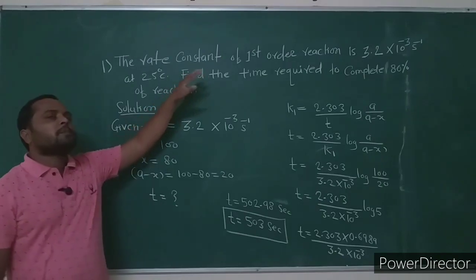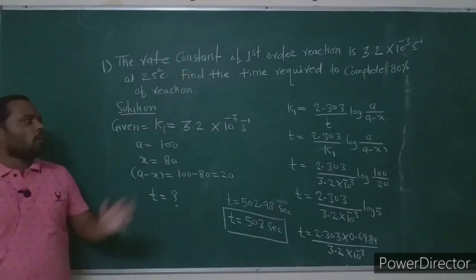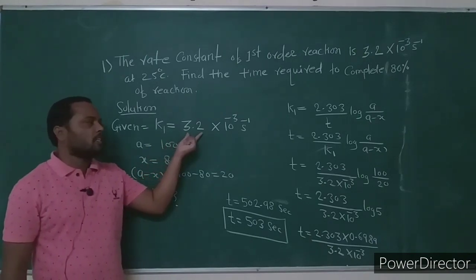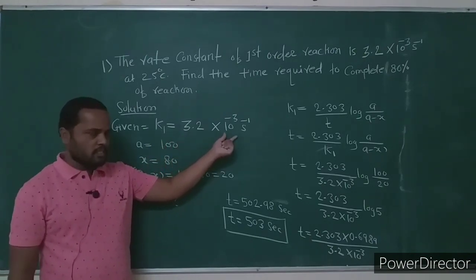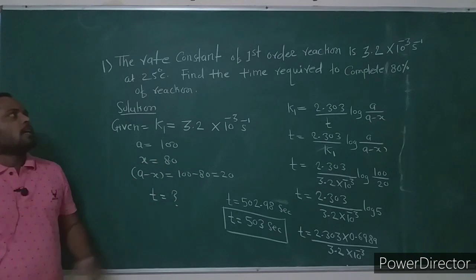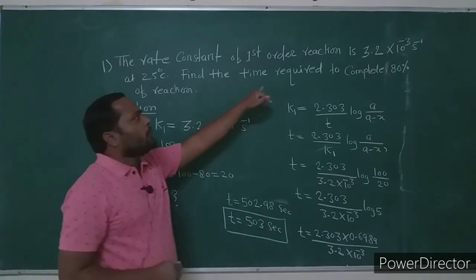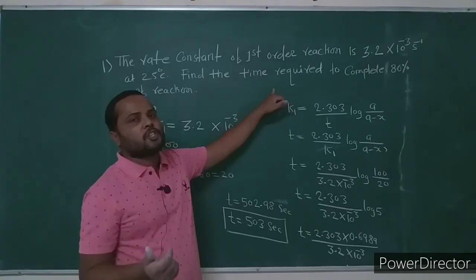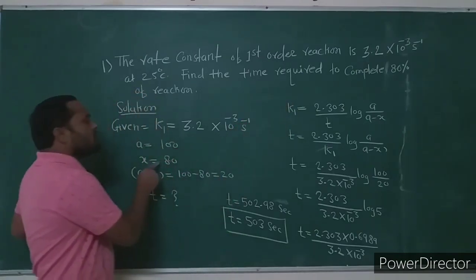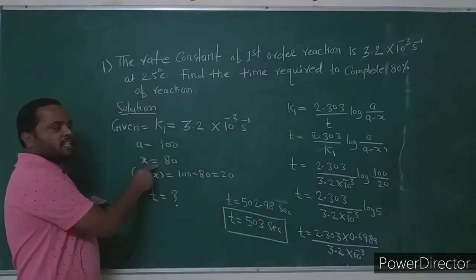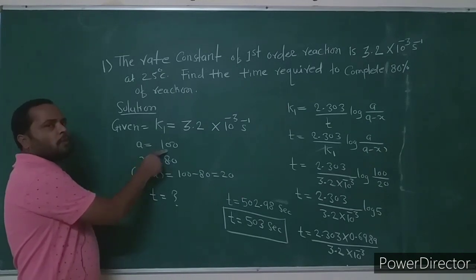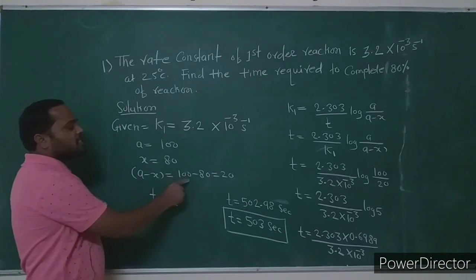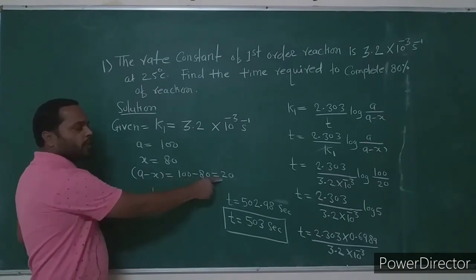In this problem, the rate constant value is given for first order reaction, K1 is equal to 3.2 into 10 raised to minus 3 per second. Then we determine the time required for 80% completion of reaction. The reactant concentration reacted is 80 percent, the initial concentration is 100, and the unreacted concentration A minus X is 100 minus 80, which is 20.